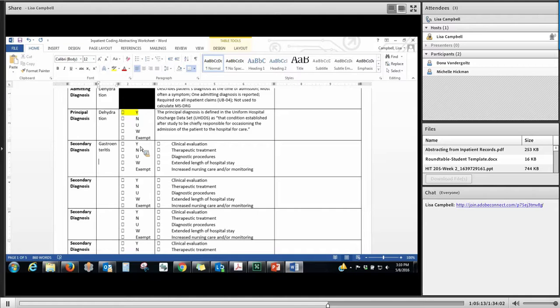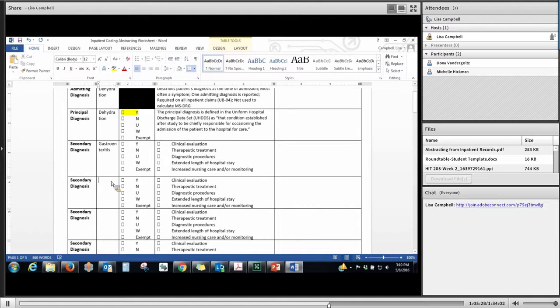They further state all conditions that coexist at the time of admission, that develop subsequently, or affect the treatment and/or length of stay meet the requirements for secondary diagnoses.